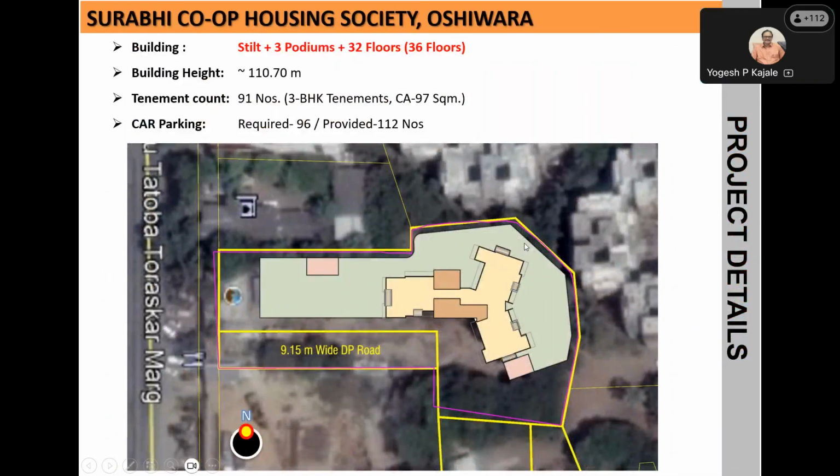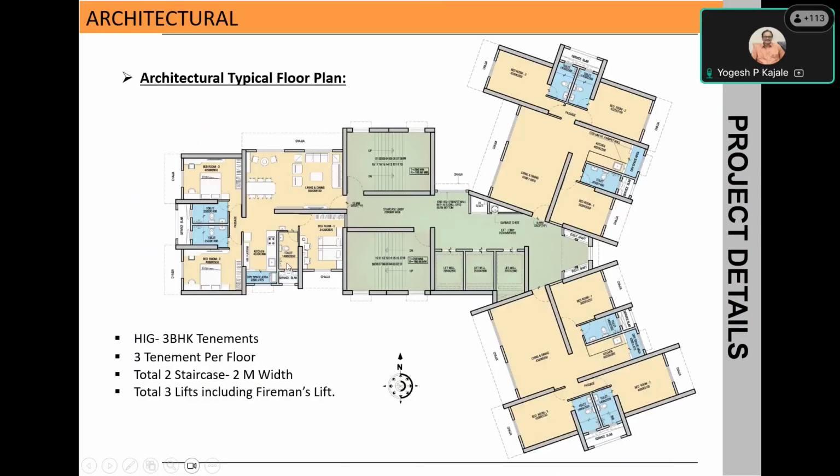And the judges quarters, that is the 29-story building. It's 110 meter high. The total tenements, the flats, were 91. So 91 into 5 is almost 450 people. Again, this building system was wall panels and slab.